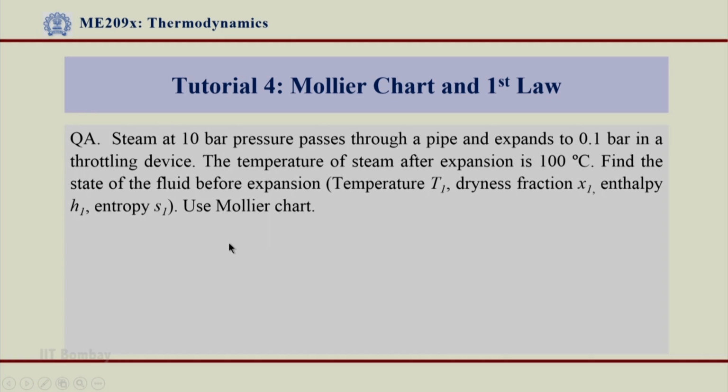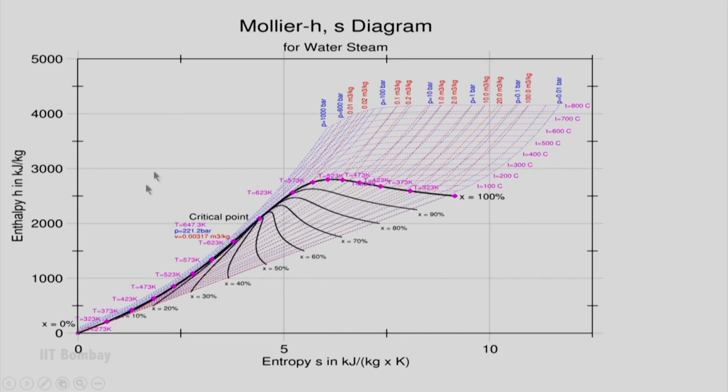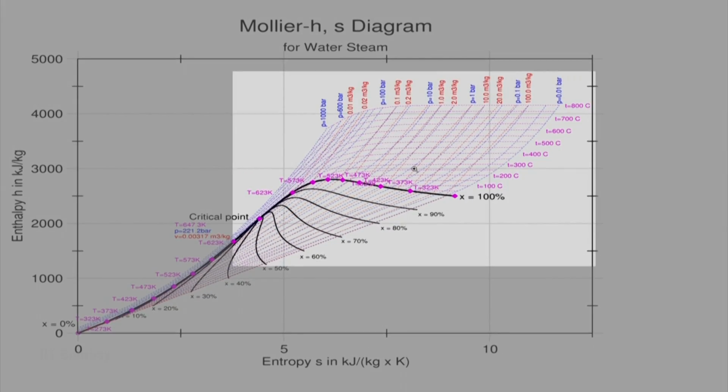From here I will go to the Mollier chart, and this is the Mollier chart. From here I will now locate the state 2, which is P2 equal to 0.1 bar or 0.01 MPa, and T2 equal to 100 degree centigrade. So, I can highlight the place where I want to go.